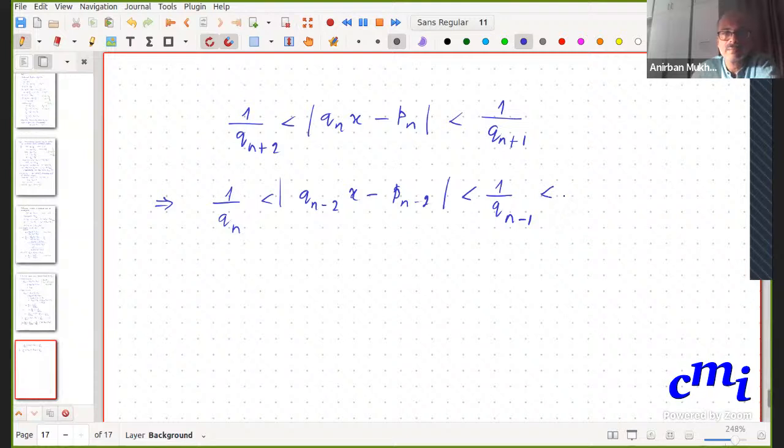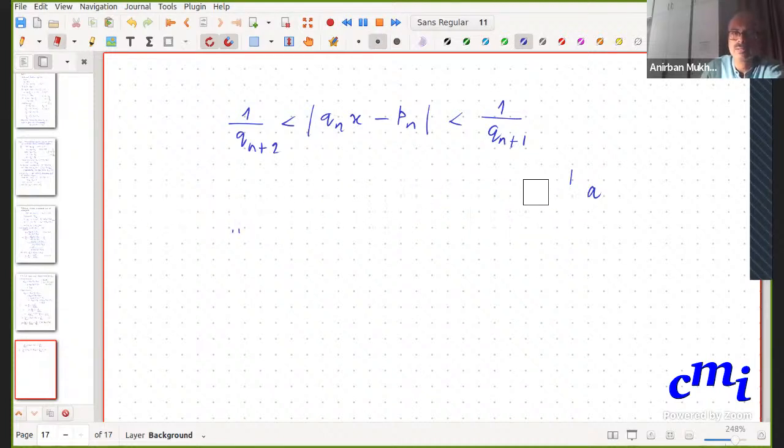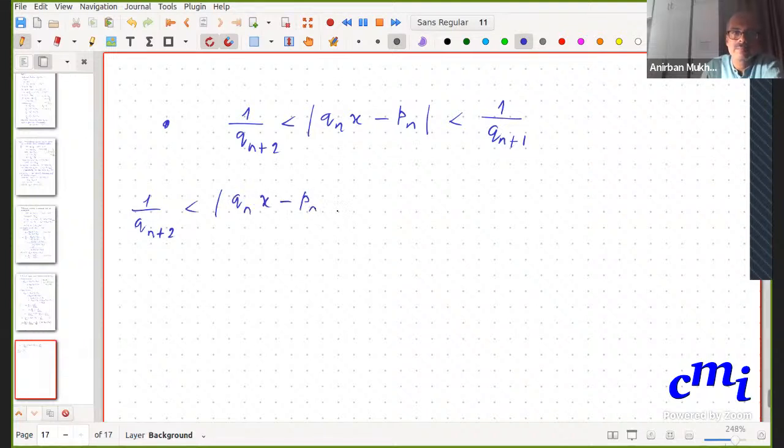And this is less than, by using the same thing, actually I should probably just start with this, otherwise we're writing too many n minus 2, n minus 3, etc. So let's start with this itself. This is what we have proved. Now we are trying to see a consequence. So Qnx minus Pn is less than 1 over Qn plus 1.